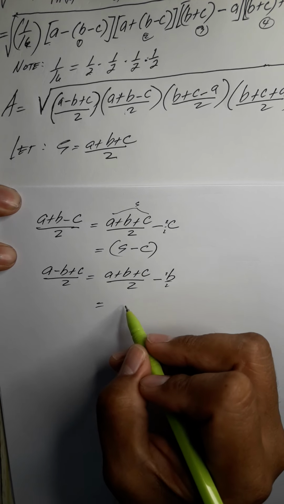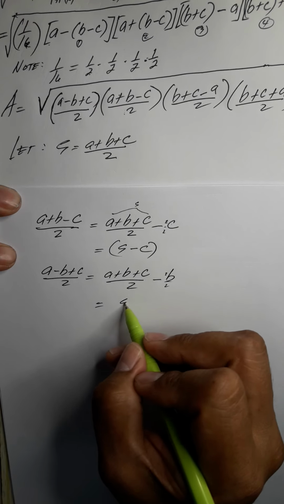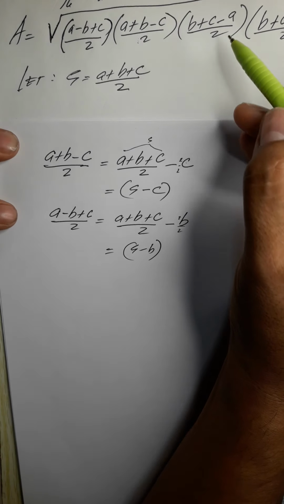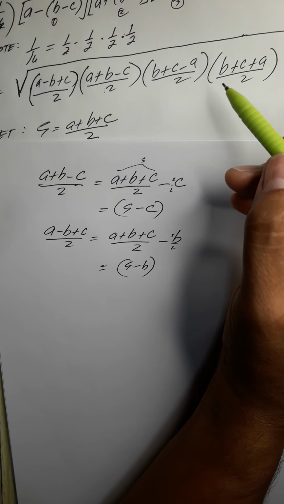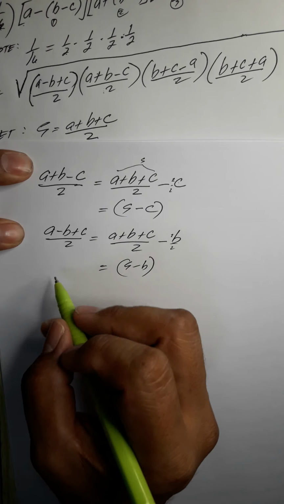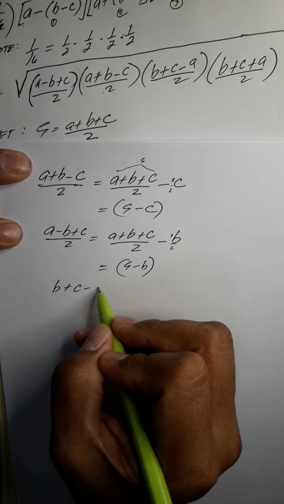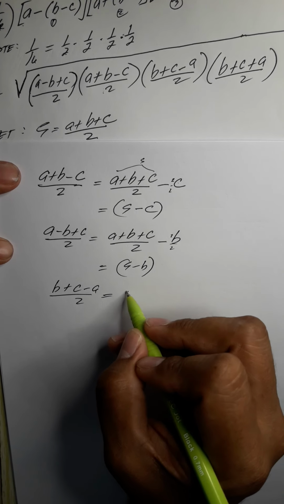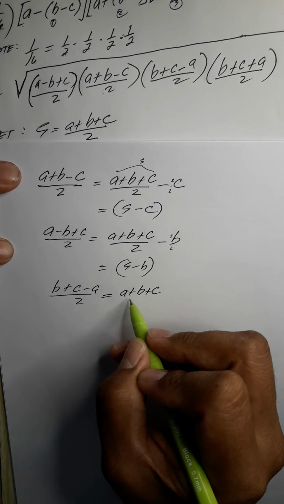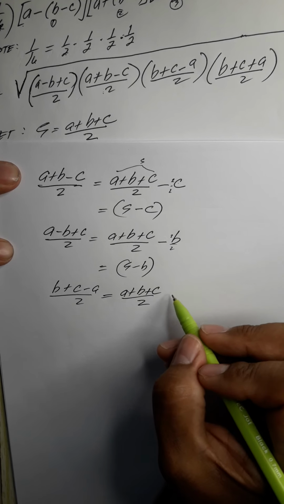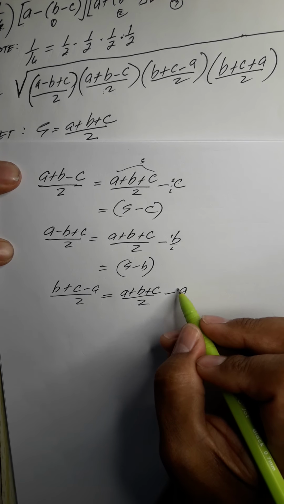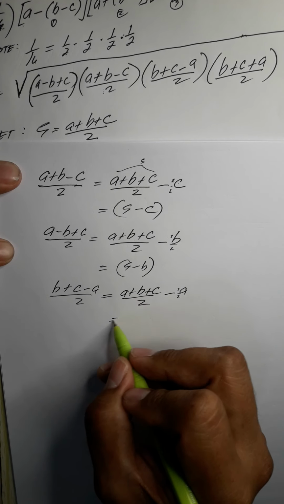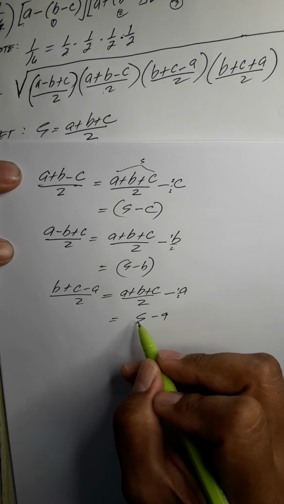So this will become S minus B. And then the other one, this one here, B plus C minus A over 2 is equal to A plus B plus C over 2 minus A. We put 2 here, we put 2 here. So 1 minus 2 will give you negative A. So this will become S minus A.